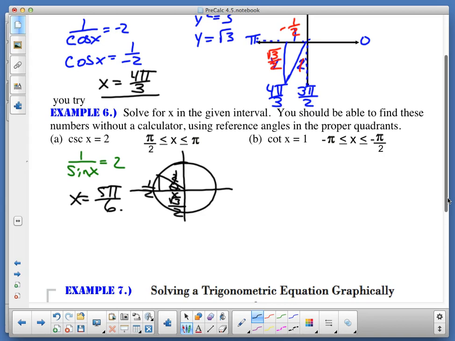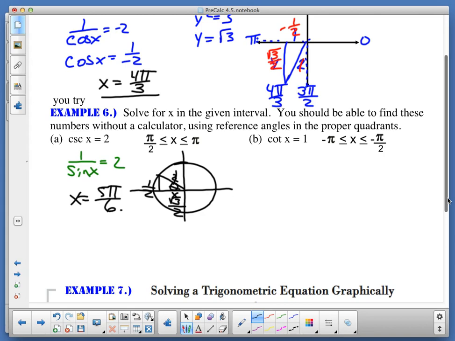Okay? What do you know about tangent and cotangent? They're reciprocals of each other, right? If cotangent is 1, what's tangent? That's 1 as well. So now the only thing that I'm asking is, first, which values on the unit circle have the same cosine and sine value?